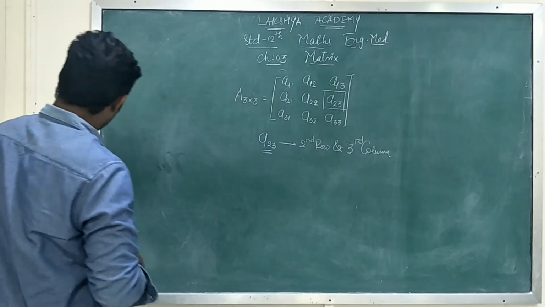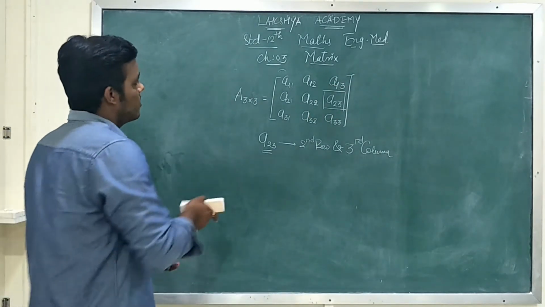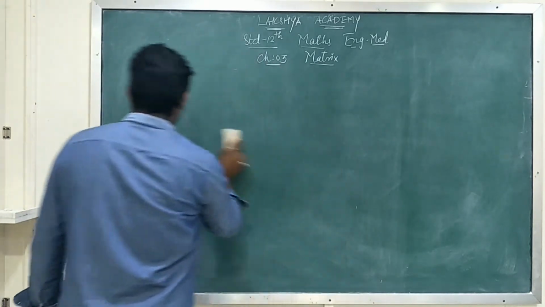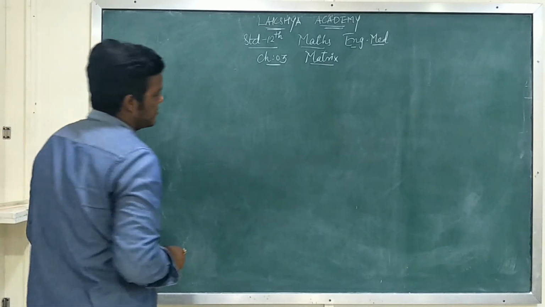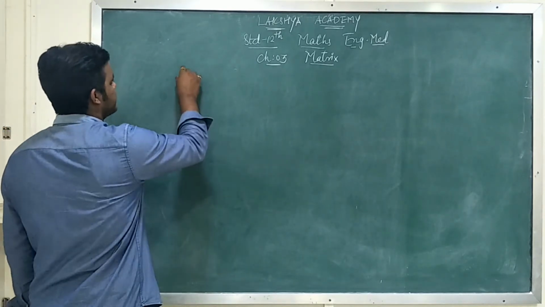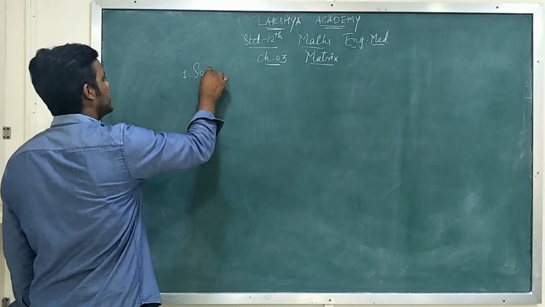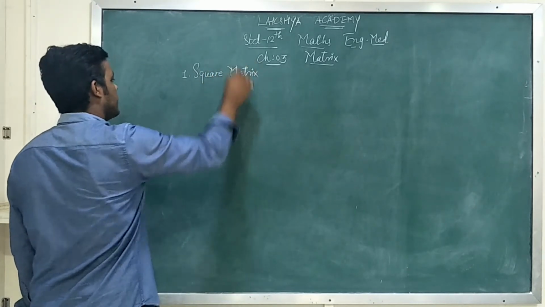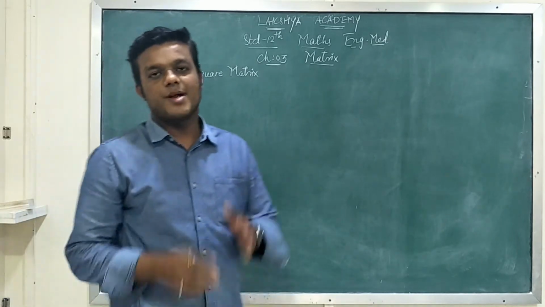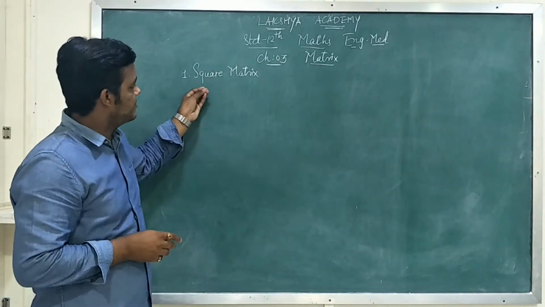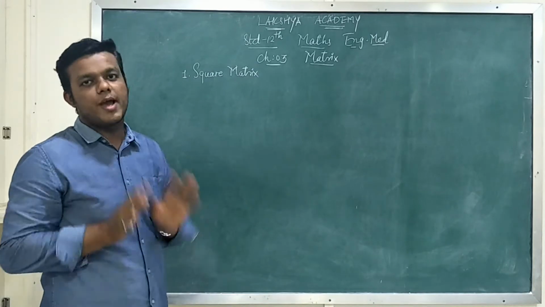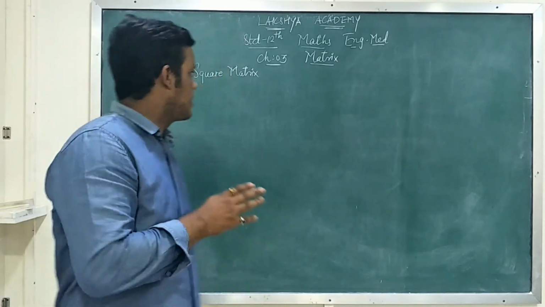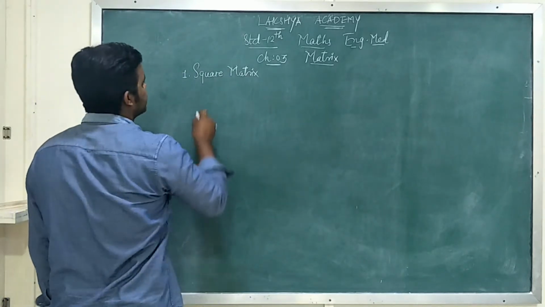Now, moving towards the types of matrix we will be dealing with in this chapter. The first and the basic type is the square matrix. As the name shows, a square matrix shows the shape of a square, or one in which the numbers are arranged in the form of a square only.